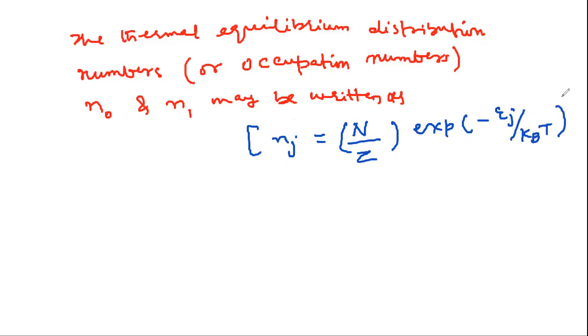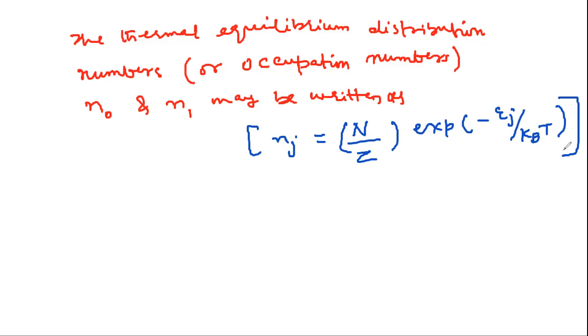This is the Boltzmann distribution. N J is the occupation number or equilibrium distribution number for state J at temperature T. So N J is N by Z, where Z is the partition function and capital N is the total number of particles in the system. Then you have exponential minus epsilon J by kT.